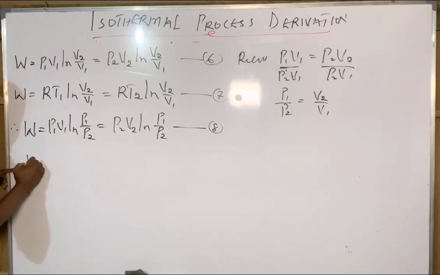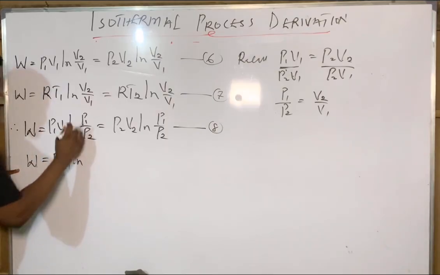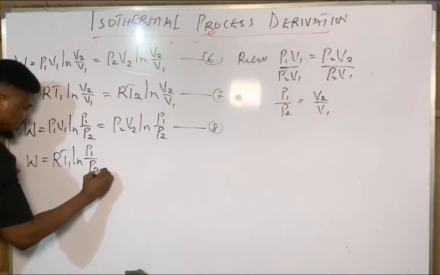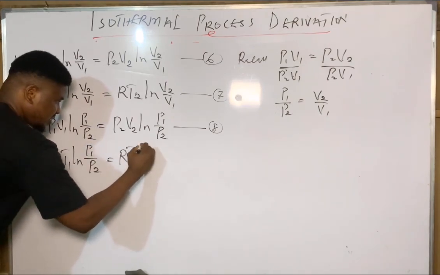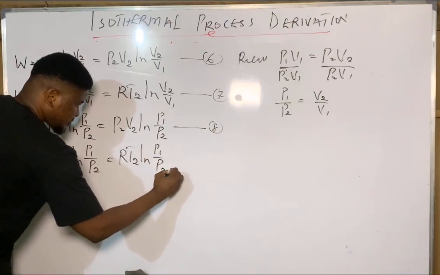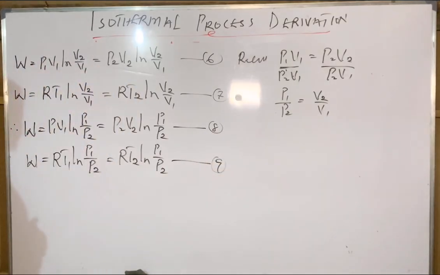Similarly, work done is equal to RT1 ln P1 over P2, also RT2 ln P1 over P2. That's equation 9. Okay, so these are the equations for the work done in an isothermal process.